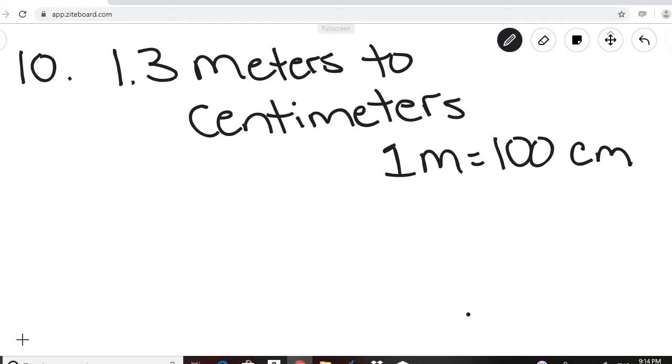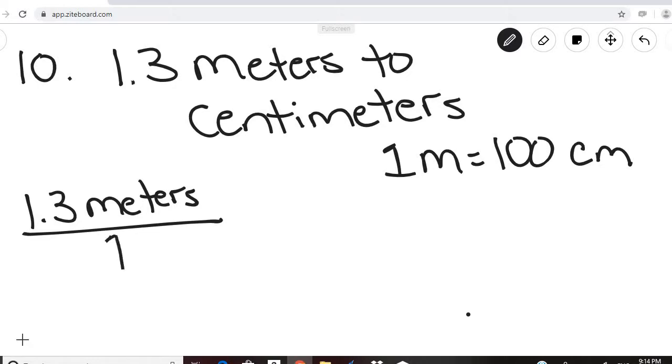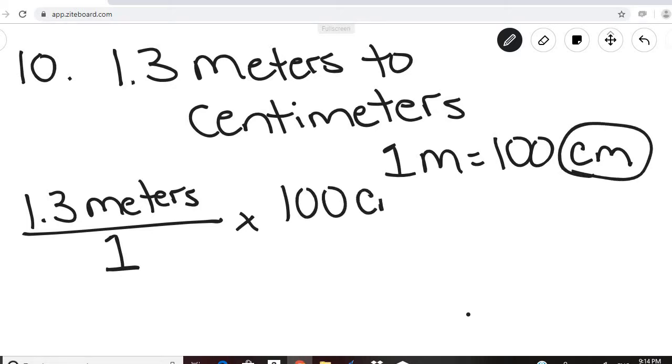Then we would set it up so that the unit that you are converting goes over 1. And then you're going to multiply that times an equivalency, and you want the unit that you want to end up with, which is centimeters, on top. So 100 centimeters goes on the top, and 1 meter goes on the bottom.